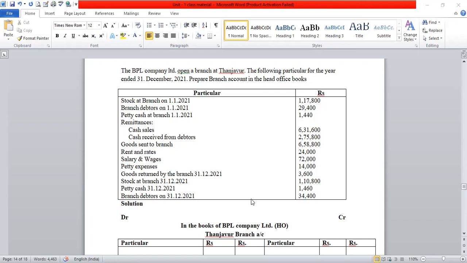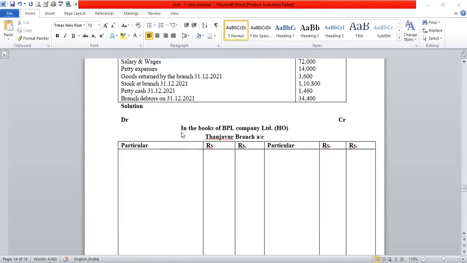So in this problem, we are going to open a branch account in the head office book, as the BPL company is preparing an income and expenditure statement for the Tanjavur branch office. Before that, we know very well that in accountancy we have to use debit and credit columns.